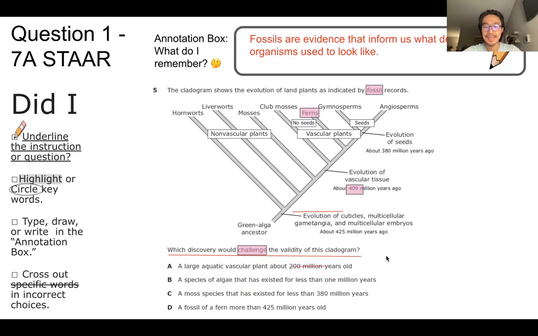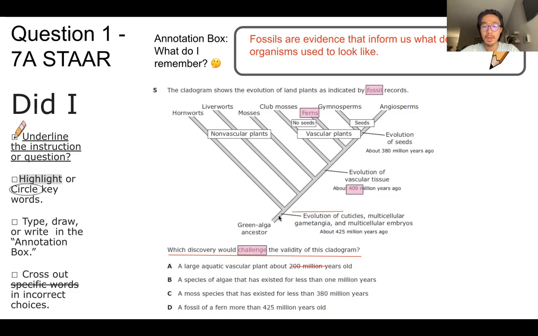Let's look at algae. So algae is over here, right? Algae is at kind of the root of this phylogenetic tree. And so it's been around for a long time. So if you find that there's an algae that has existed for only 1 million years, so over here, very recent, that can definitely happen, right?